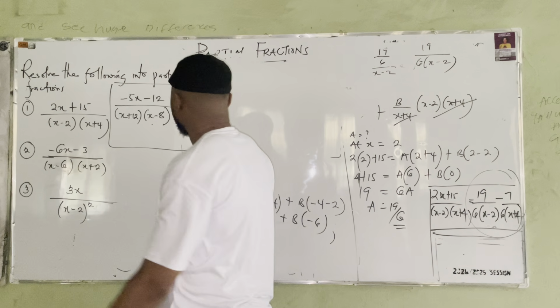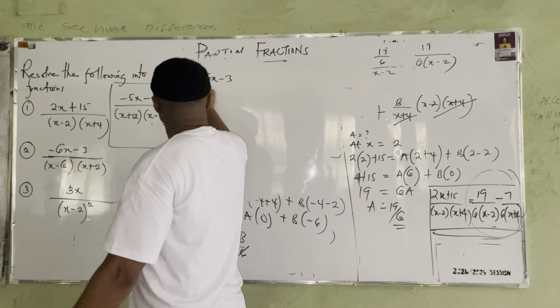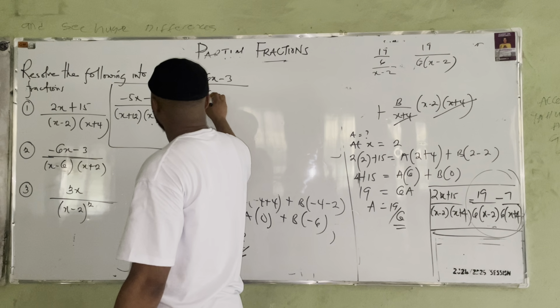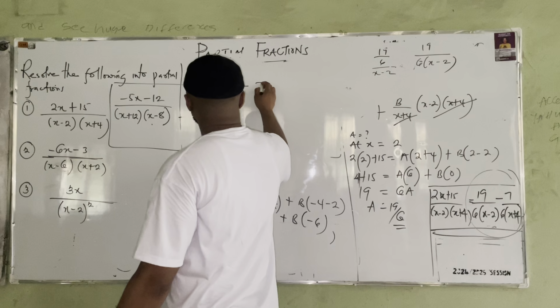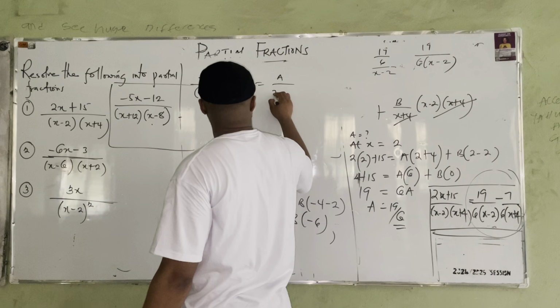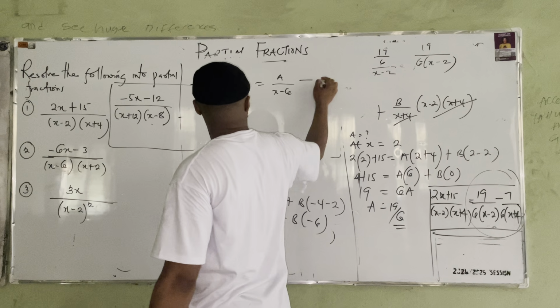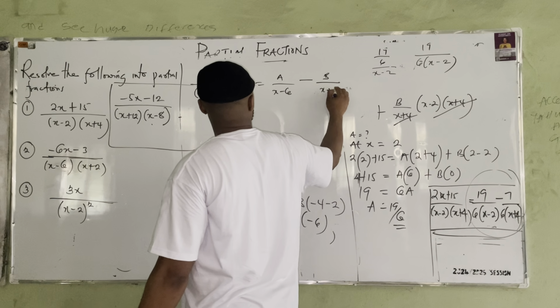Let's do the second one, guys. We have minus 6x minus 3 divided by x minus 6, x plus 2. So this will be equal to a, the sign here is minus, so we say a over x minus 6 minus b divided by x plus 2.